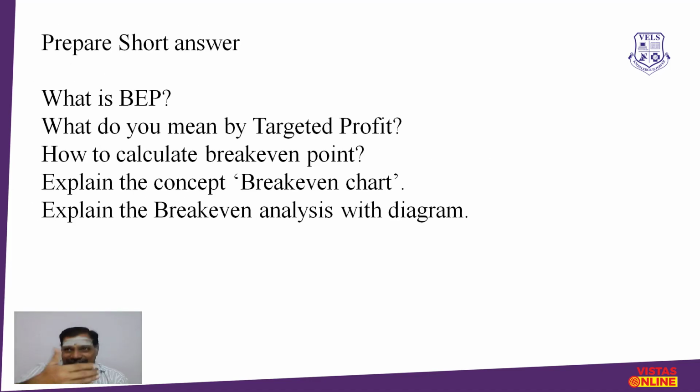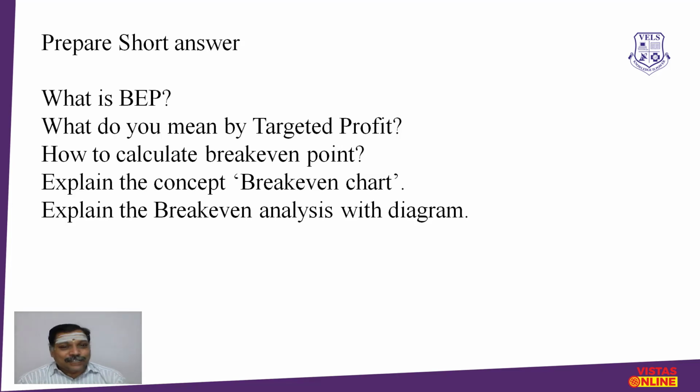By knowing this mathematical derivation, one can answer these questions. What is BEP? Break-even point is nothing but the no profit, no loss point. At BEP, the total revenue is equal to the total cost. We may say the income is equal to the expenditure incurred. So, this is what BEP is.